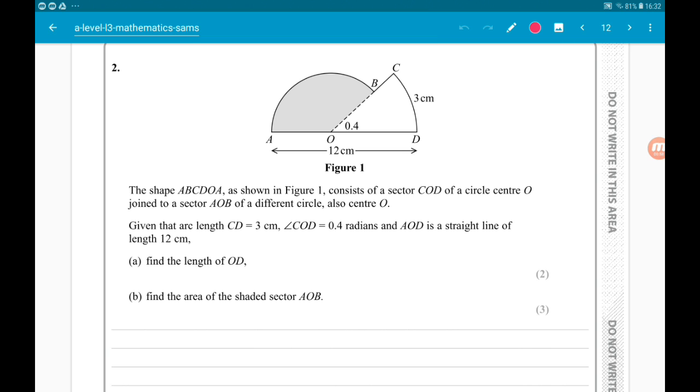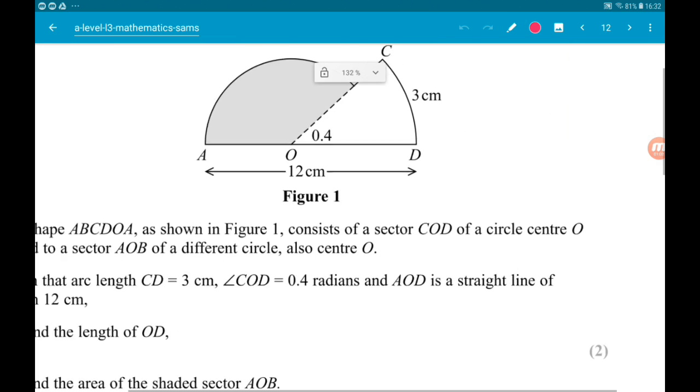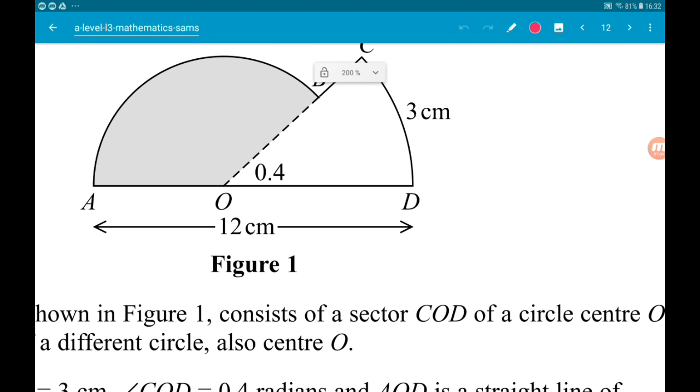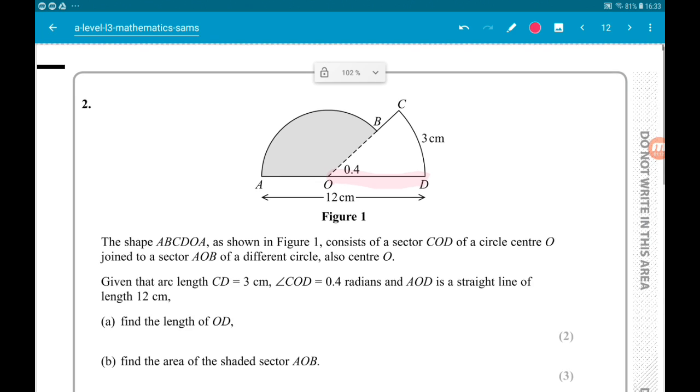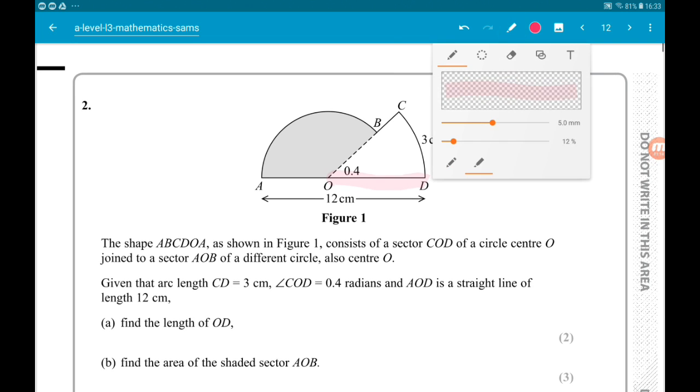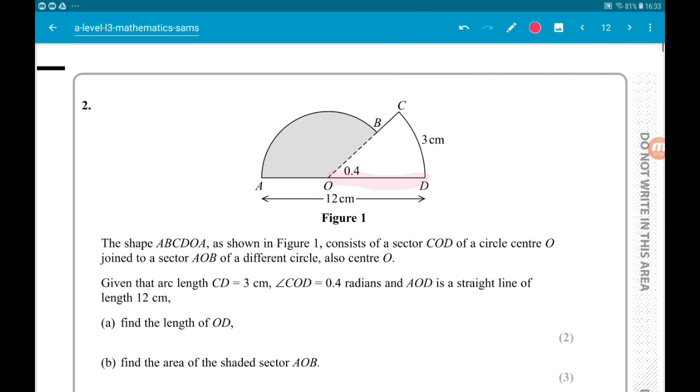Okay, so OD is this line here. So what do we know about this sector? Well, we know its arc length and we know its angle.